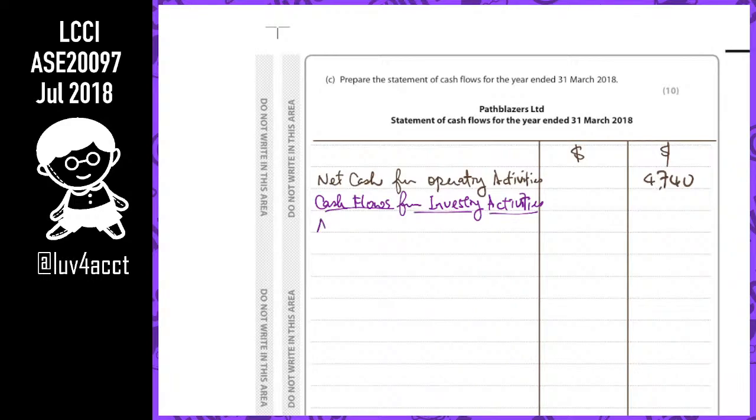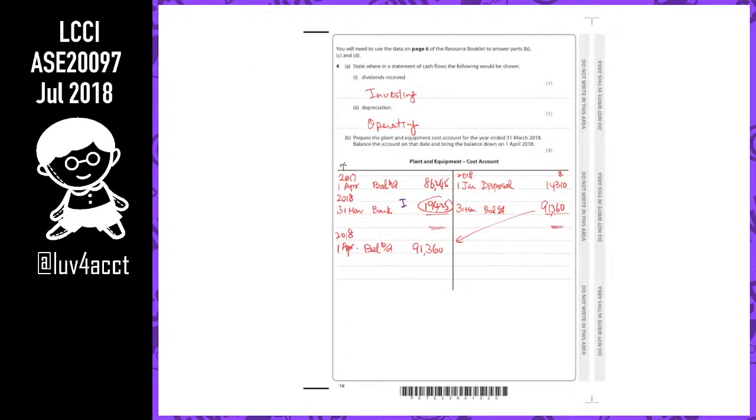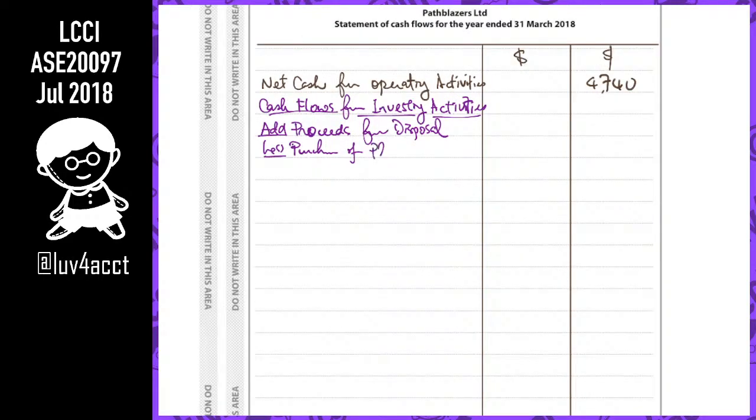Okay, we have proceeds from disposal, then less purchase of, is it machinery, plant and equipment, and also purchase of intangible asset. Okay, so intangible, I remember it is 20,000.